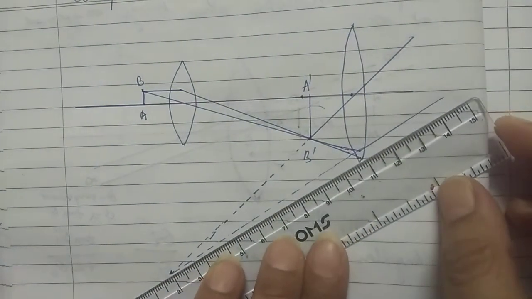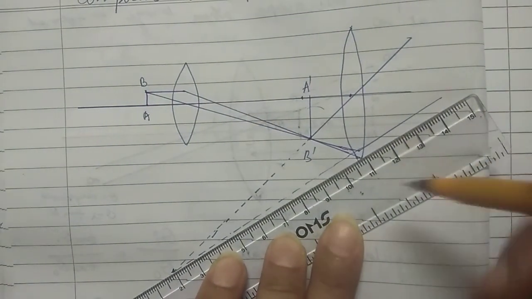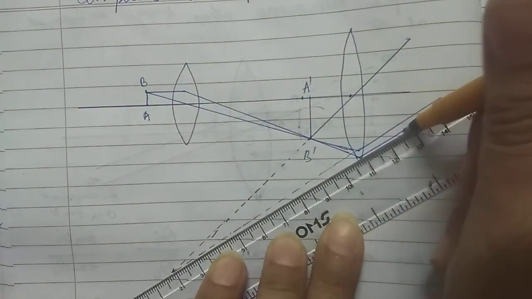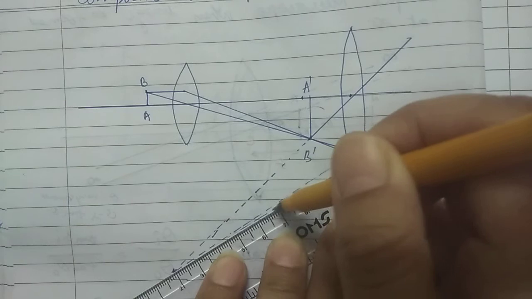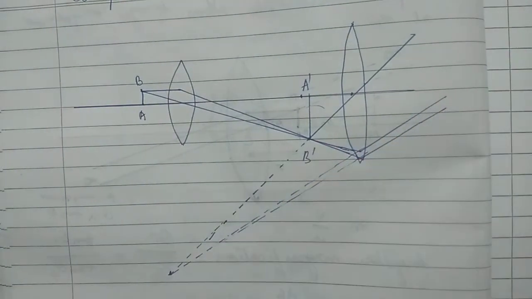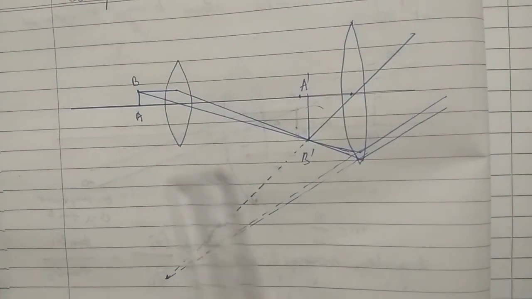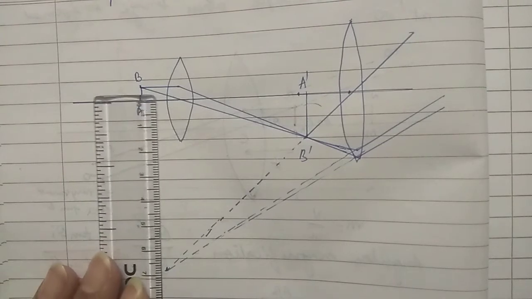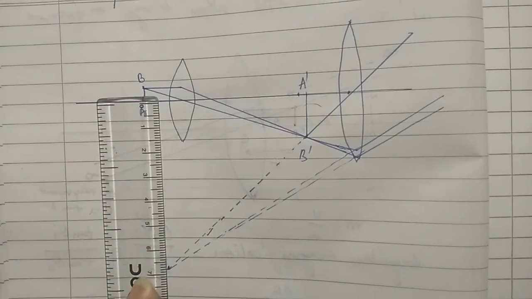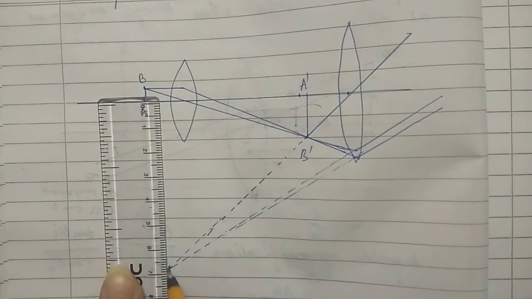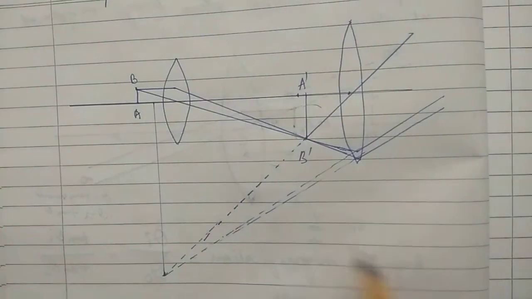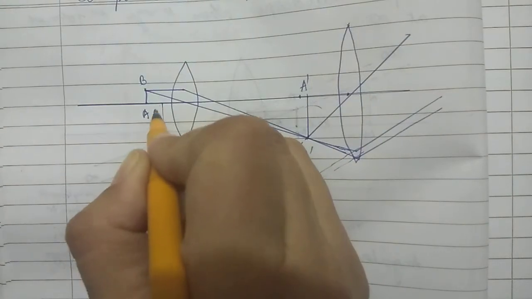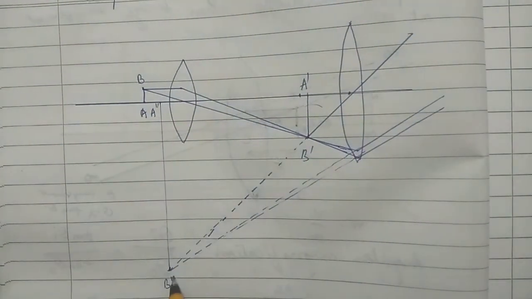Similarly, this another ray. So in this way, here we have got this image. So this is the magnified image A double dash B double dash.